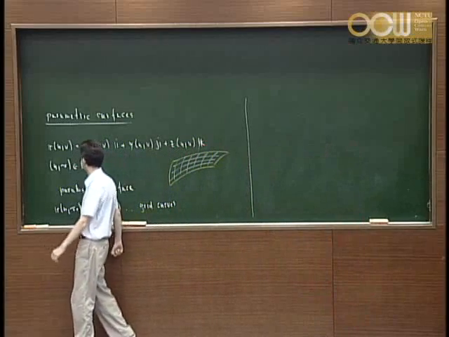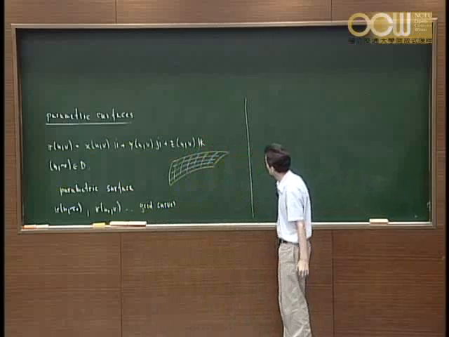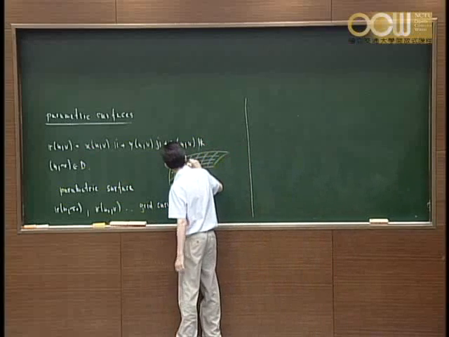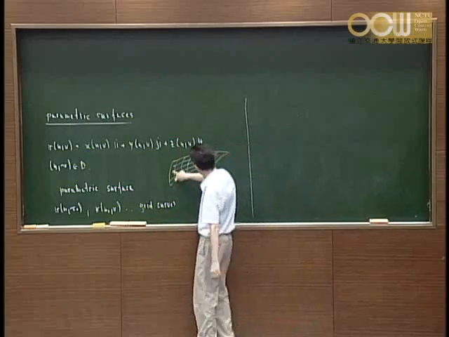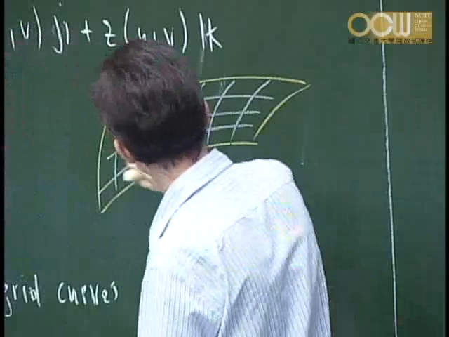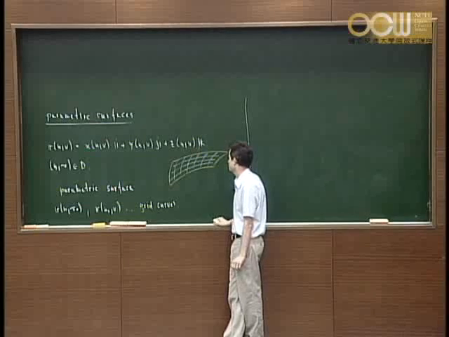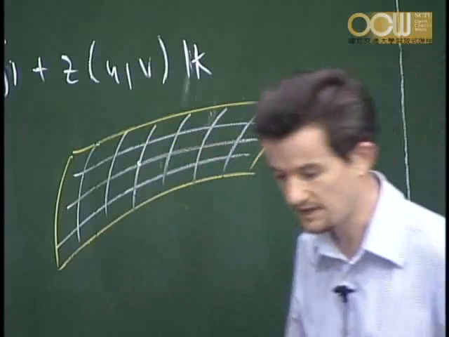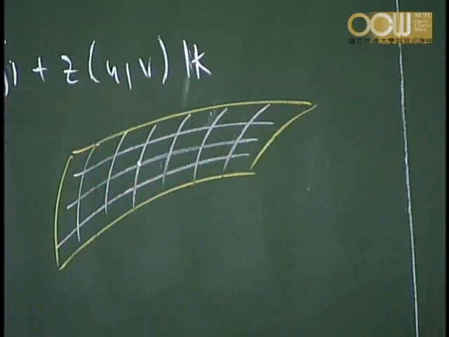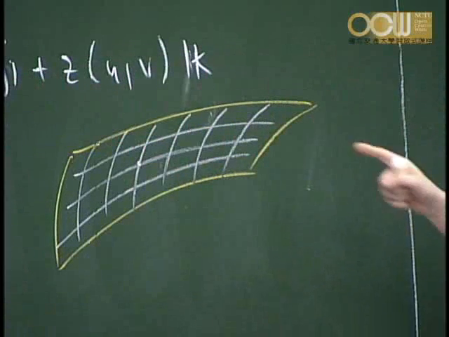Of course, what we can do is, for every point on the surface, define a tangent plane. If you have a point here, you look at the corresponding two grid curves, and at the tangent vector to this curve at this point and to that curve at this point. The plane made up by those two is called the tangent plane of the parametric surface at this point.